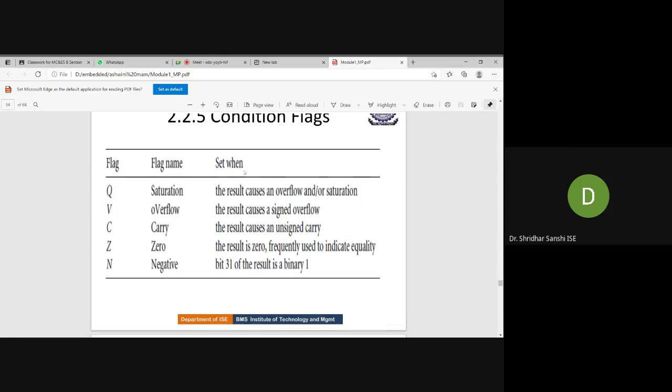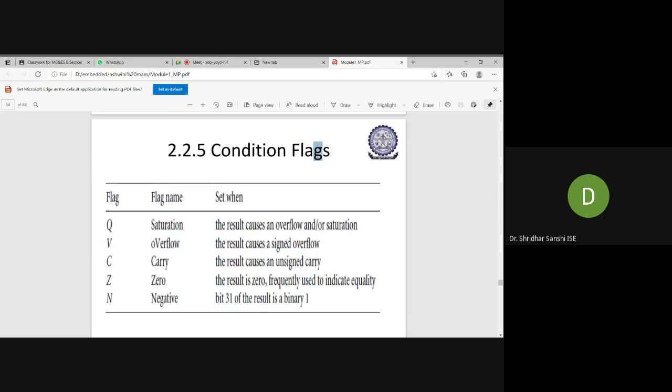So what is this bit? First, you need to understand what these flags are. Whatever is in the generic diagram has four generic flags, that is N, Z, C, and V. This is an extension for the DSP instruction. These flag values are updated by the result of ALU operations.